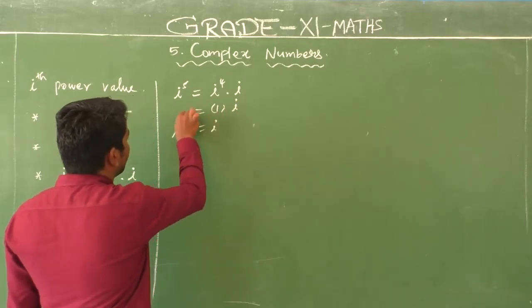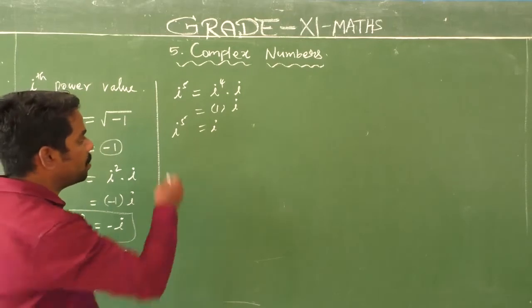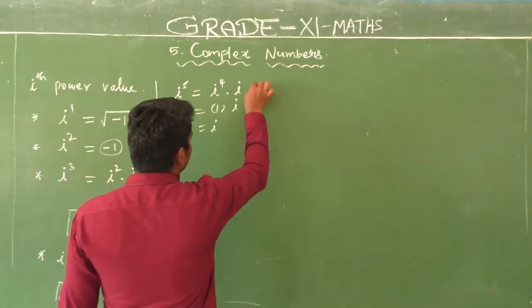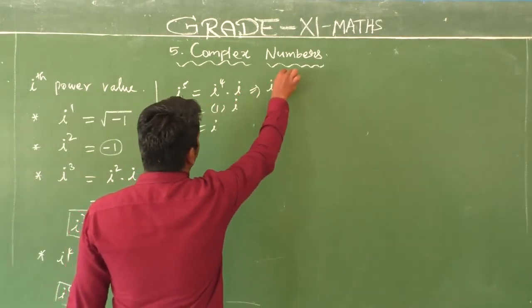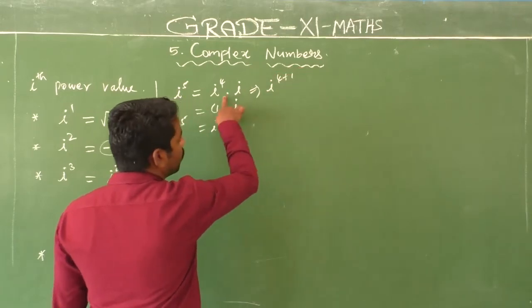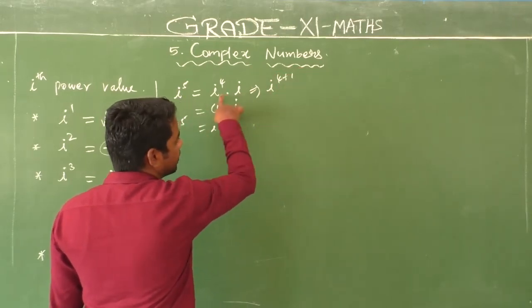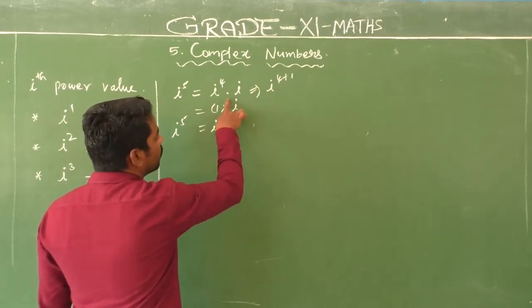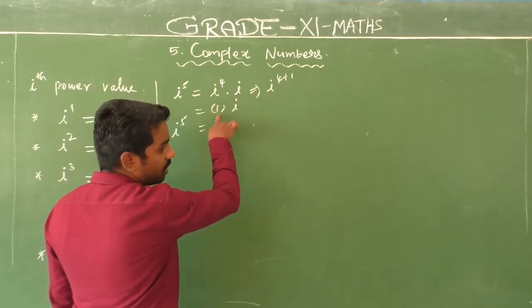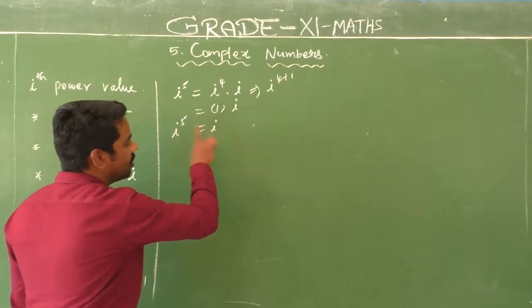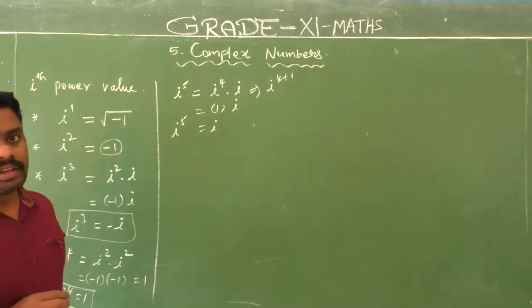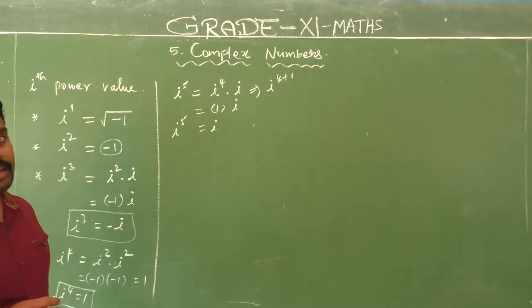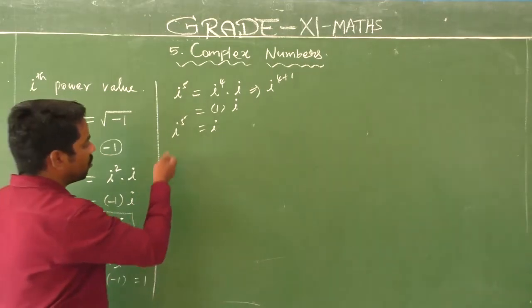This is i power 5. Since 4 plus 1 is 5, i power 5 is written as i power 4 into i, so 1 into i is equal to i.